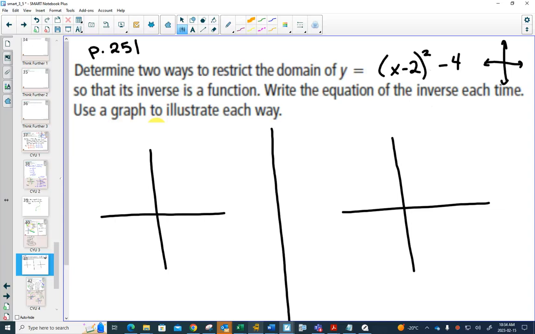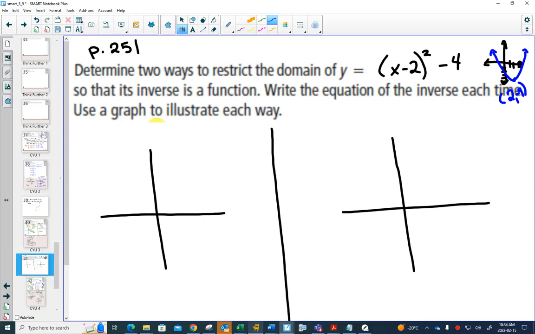If I took this parabola and shifted it 2 to the right and 4 down, I would get a vertex right here at 2, -4, and it would be going up like this.